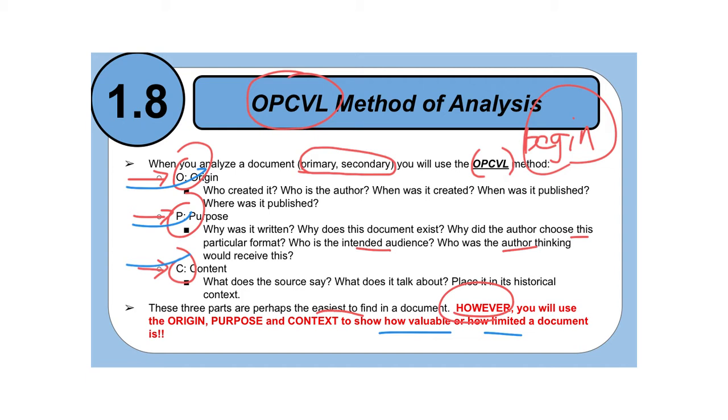This is not a complete analysis, because this is a limited analysis. Now you have to take this limited analysis of origin, purpose, and content and give it a critical analysis. That is where you're going to use the origin, the purpose, and the content to decide if the document is valuable or if it is limited.